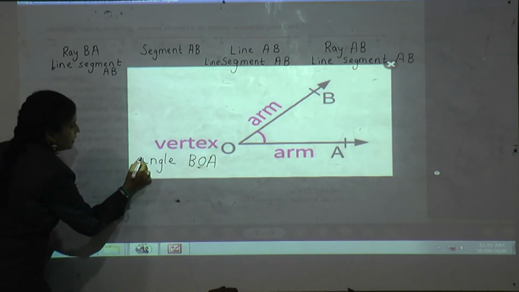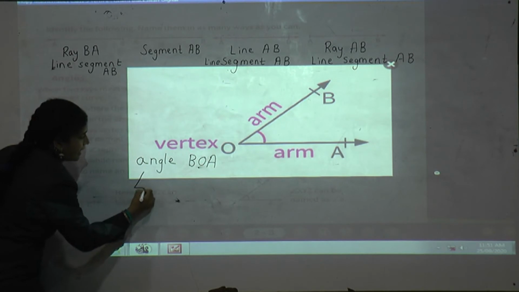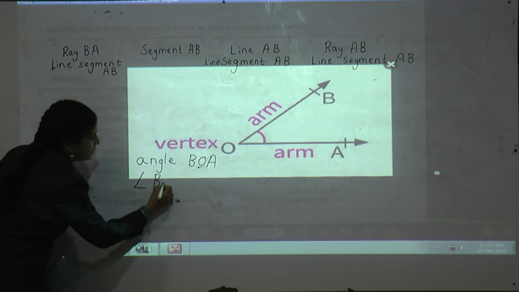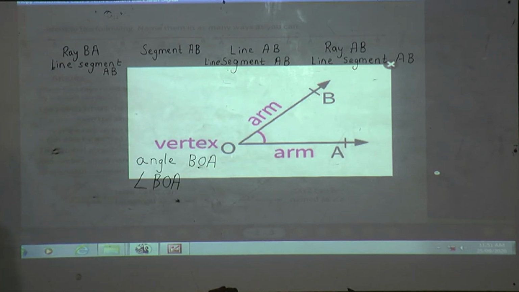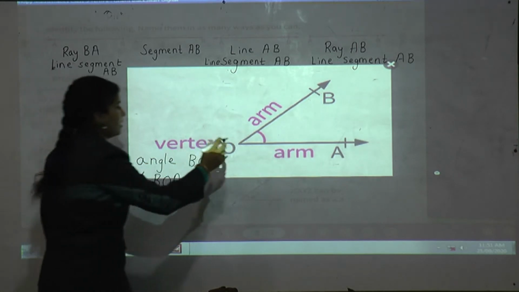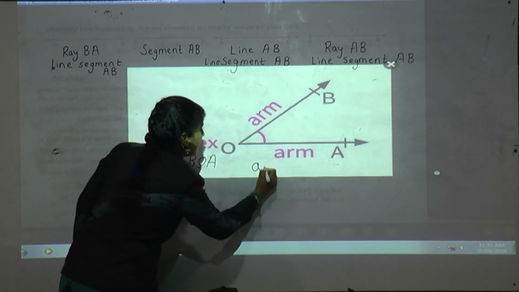It can be denoted as angle BOA. It can also be named angle AOB.